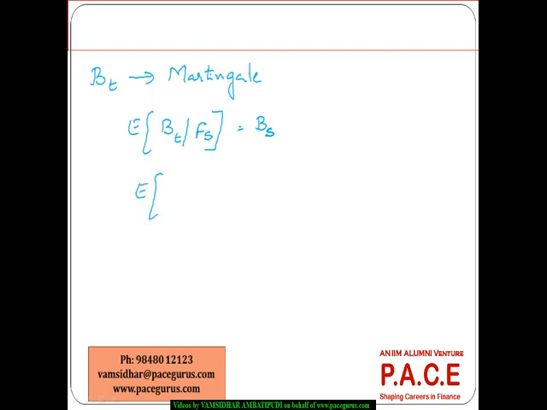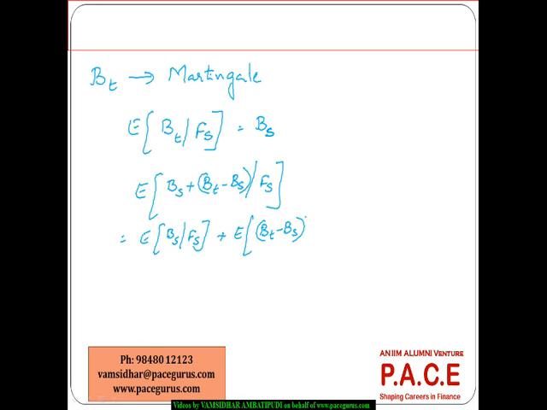Now let me try it out, whether I can do it. Bt, I'll write it as Bs plus Bt minus Bs, given Fs. Now expand it: expected value of Bs given Fs plus expected value of Bt minus Bs given Fs. Now first of all, this expected value is 0, because Bt minus Bs is independent of what all happened up to S, and it is following a normal distribution with a mean of 0.